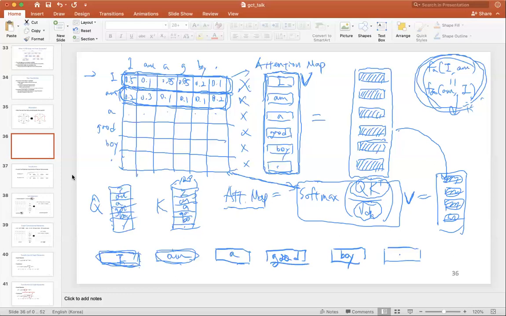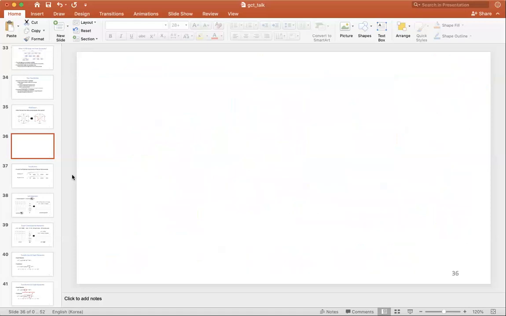Right. So now let me draw the transformer architecture in a bit more detail. Let me erase everything.